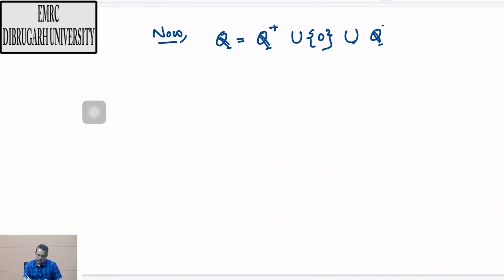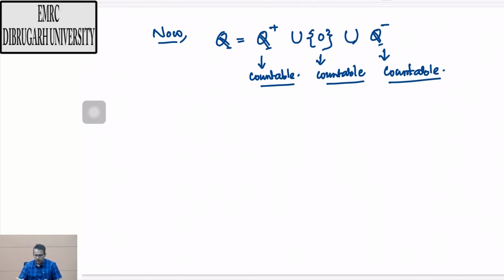And what is Q? Now, Q is nothing but Q plus union the singleton 0, and then Q minus. Q plus is countable, the singleton is countable being a finite set, and Q minus is also countable.